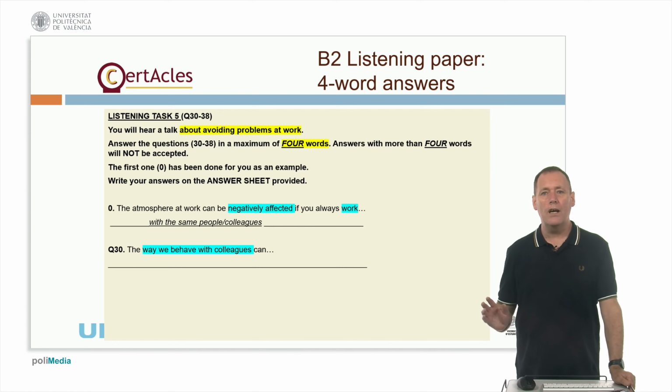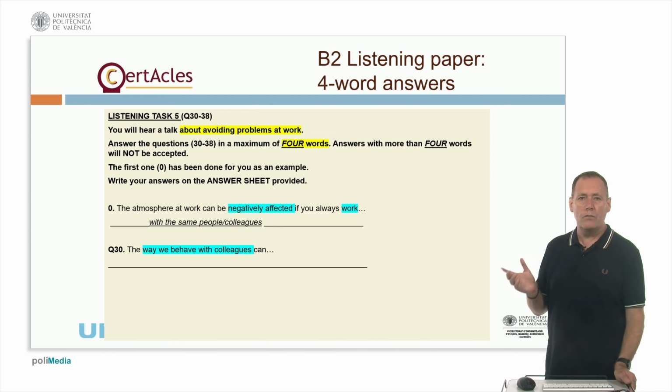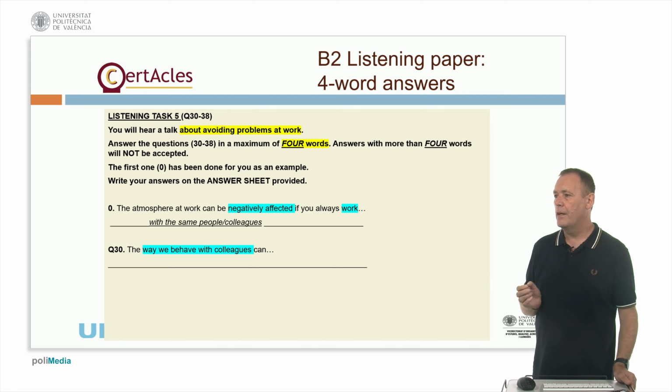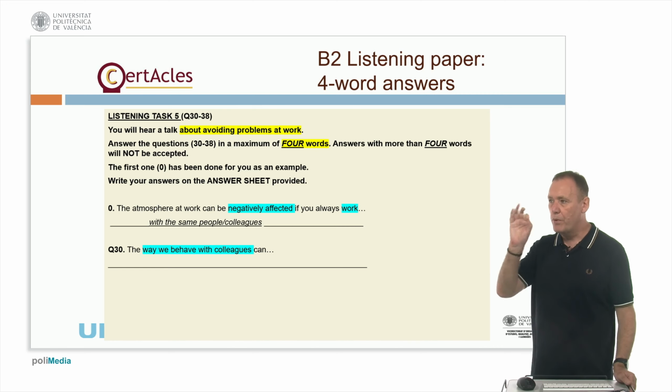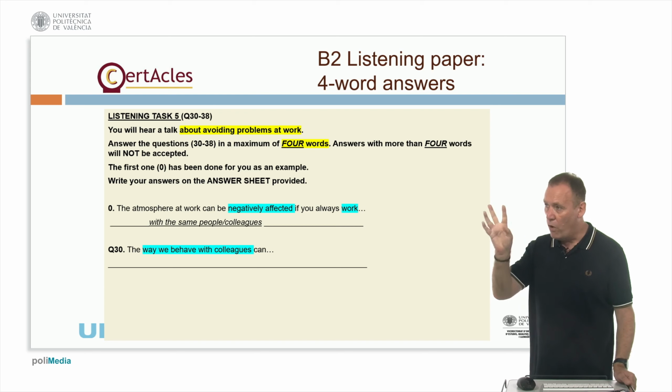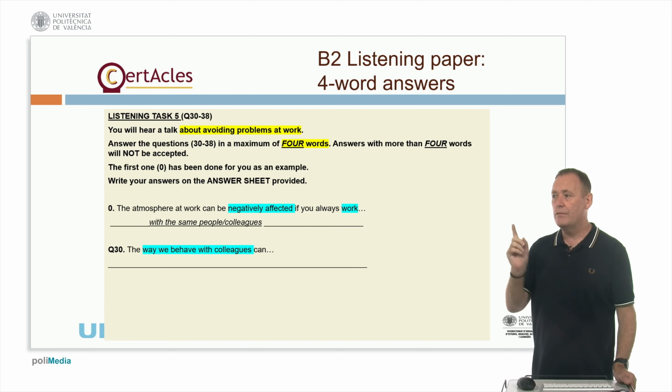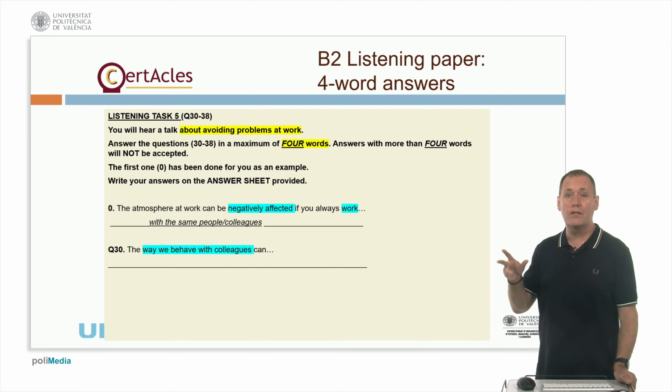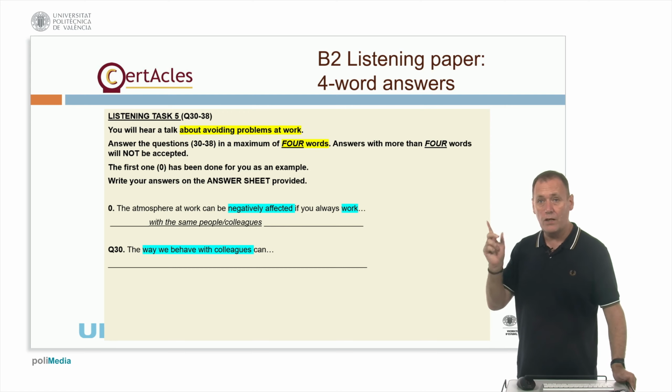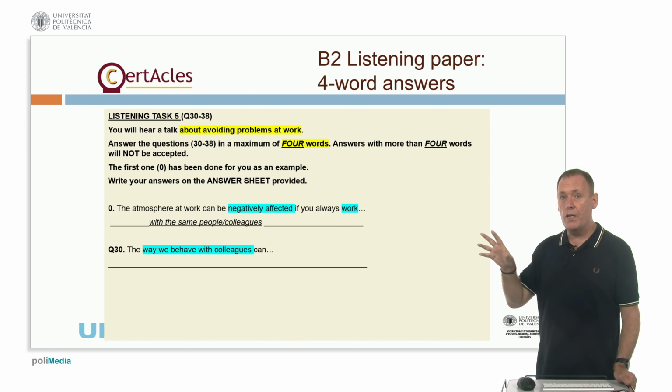Here we've underlined some of the key words which you might want to prepare. So you'll hear a talk about avoiding problems at work. That's the key thing. 4 words, that's key as well. Okay, in some Cert A2 exams, it might not be 4 words, it might be 5 words. It's usually 4, but make sure you look at that and underline it.